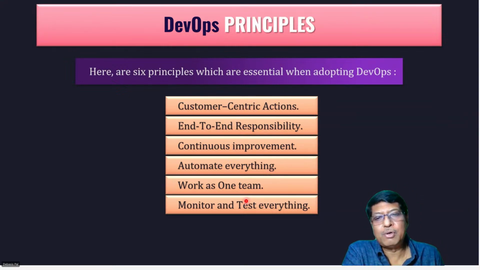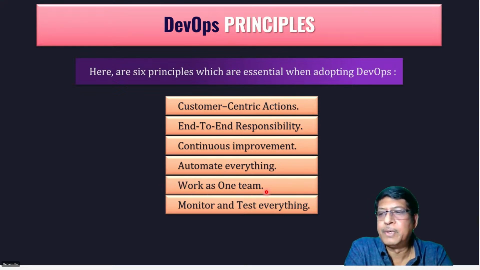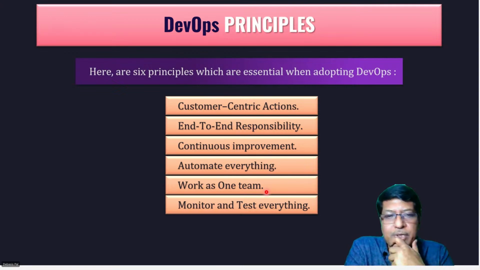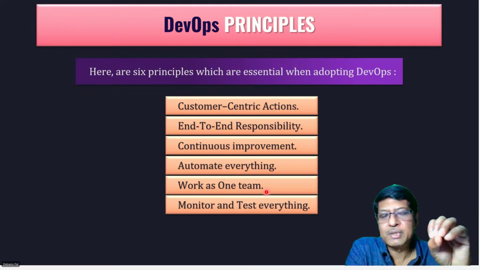Automation or DevOps also relies on this principle: work as one team. You do not consider yourself only a developer. You do not consider yourself only an operations guy. You always say, I am one team. I am the project team. Yes, my specialty is in operations. Fine.